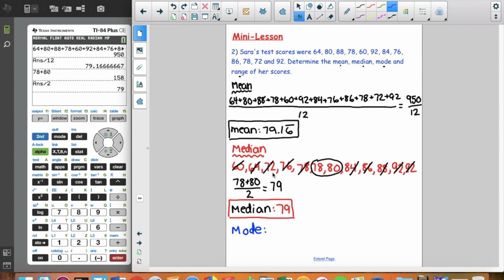Now, if I'm looking here, none of these numbers seem to repeat except for 78, shows up twice. And also 92 shows up twice. So since they both show up twice, that tells us that the mode is 78 and 92.